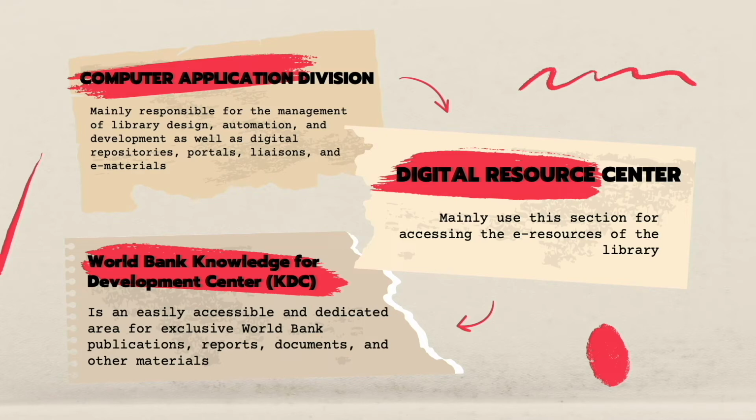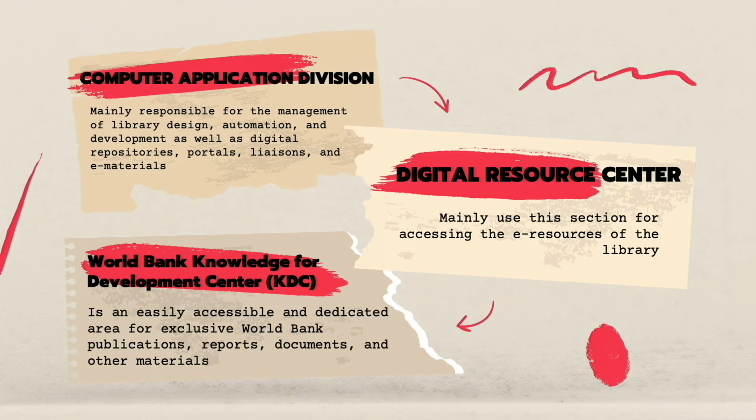Next is the Digital Resource Center. The users mainly use this section for accessing the e-resources of the library. Then, we have the World Bank Knowledge for Development Center, or KDC. The KDC is an easily accessible and dedicated area for exclusive World Bank publications, reports, documents, and other materials.